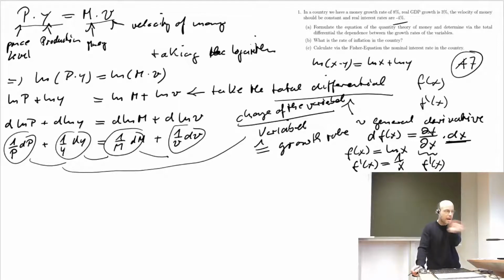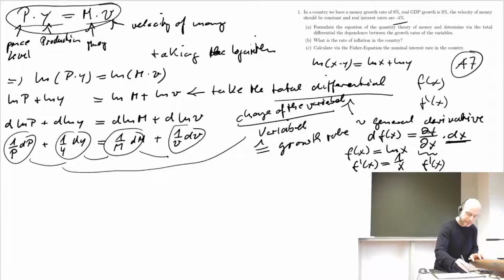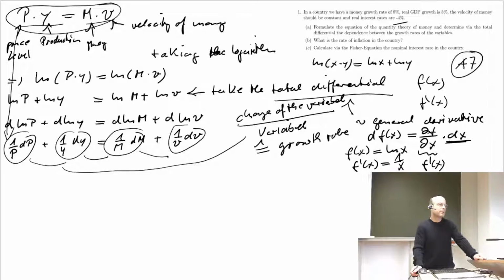So our equation here translates into the equation that the sum of the growth rates of the left and the right side have to be equal.